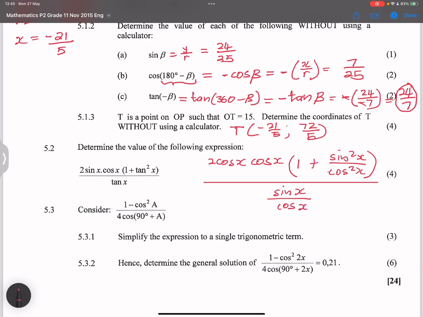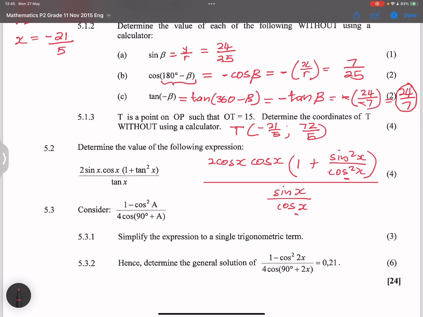Now ladies and gents, I know that there are several ways in which we can do this. But to try and make my working out a little bit simpler, I see I've got cos squared over there and I've got cos x over here.